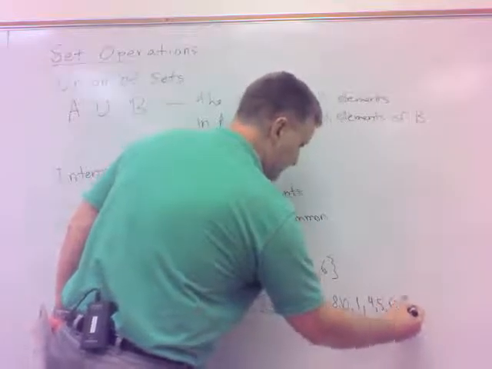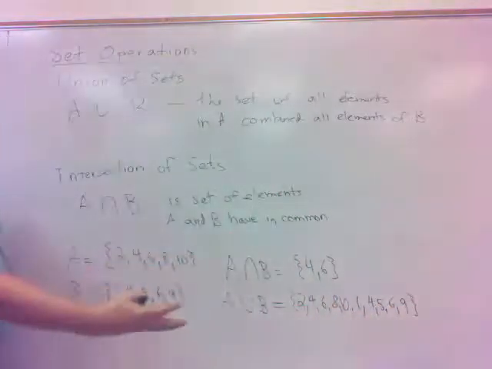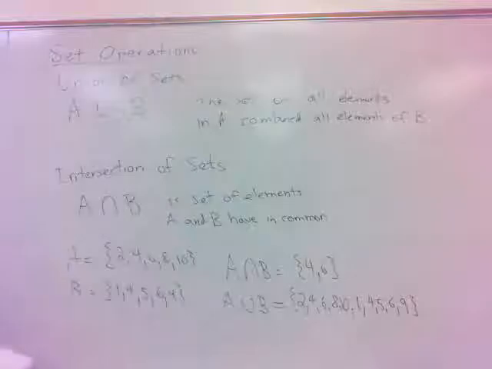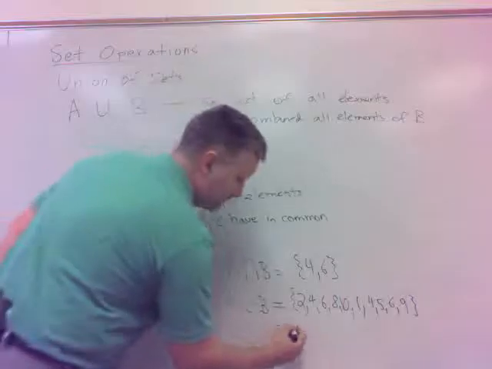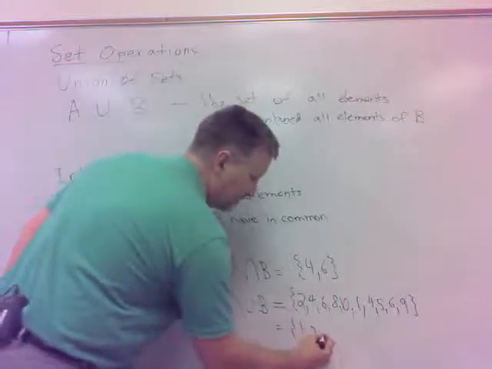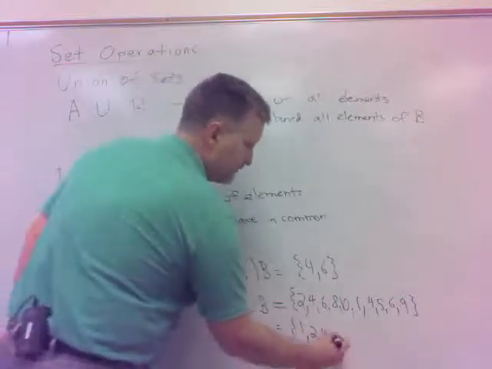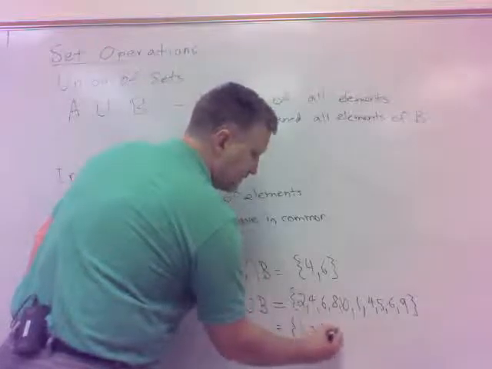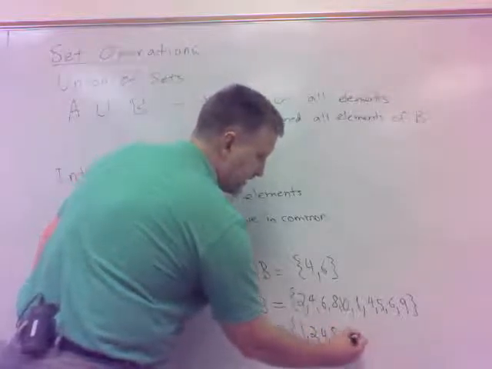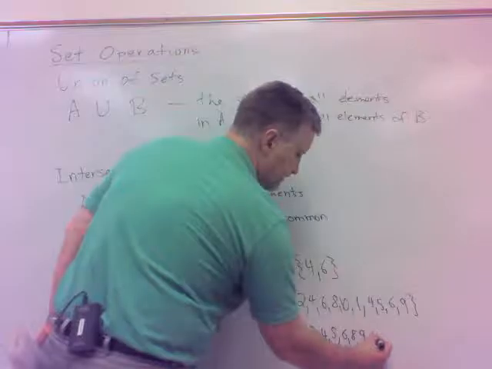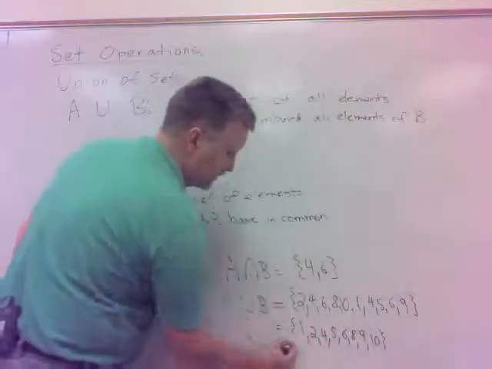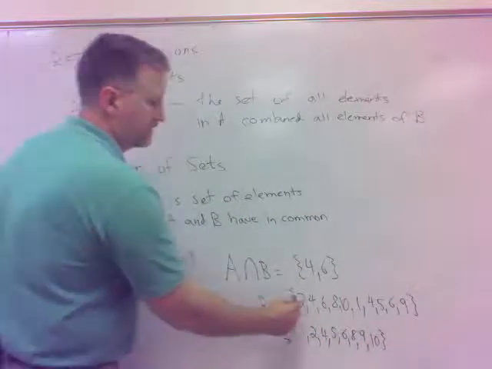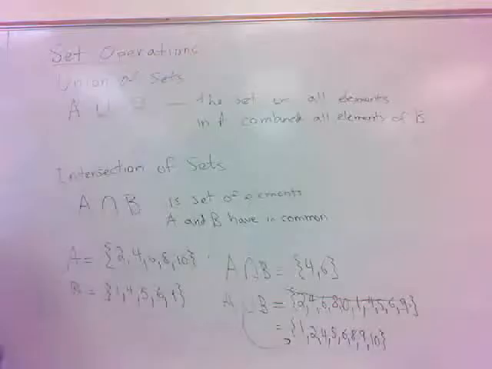Now, what's wrong with that picture? For one thing, they're out of order, and most of us like to put them in order. So 1, 2, 4, oh, I forgot 5, 6, 8, 9, and 10 is really probably the way we'd write it, but I wanted to do it that way just to make the point.